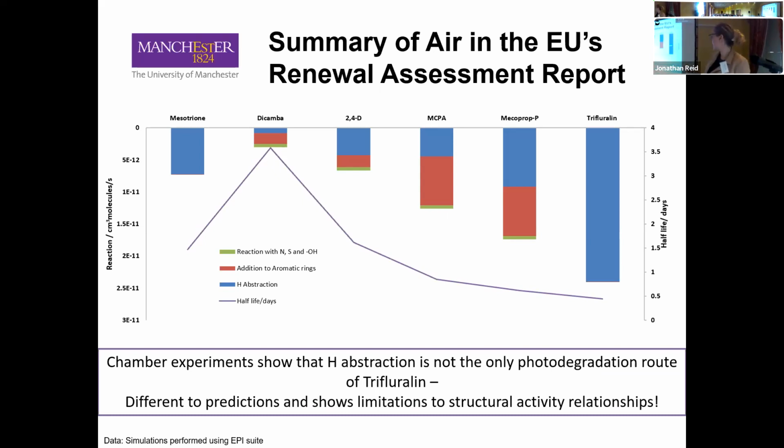As we can see, it reacts very quickly, which is good for us in the chamber because we're able to get quick monitoring of products. But as you notice, the EPI Suite predicts just the H abstraction pathway and not the OH addition. So it does suggest that we have some disparity compared to what they've used before.